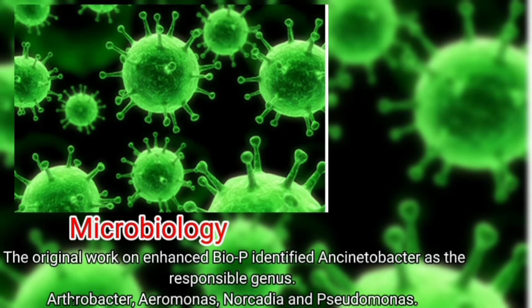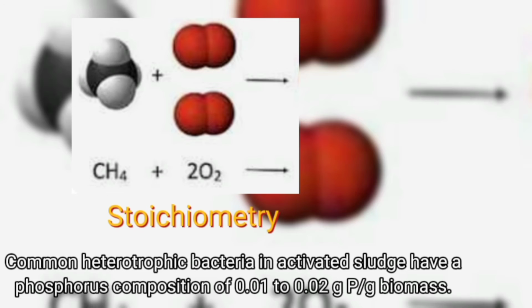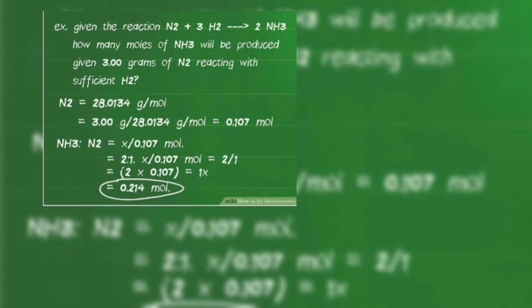Those are the different kinds of microbiology. Stoichiometry. Common heterotrophic bacteria in activated sludge have a phosphorus composition of 0.01 to 0.02 grams P per gram biomass.